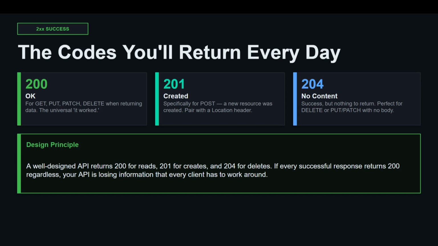So there's a principle here: a well-designed API returns 200 for reads, 201 for create, and 204 for delete. If every successful response returns 200 regardless, your API is losing information, and every client has to work around that. You should make sure your API communicates the information well to the client.